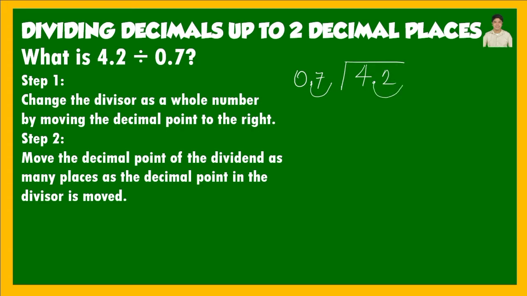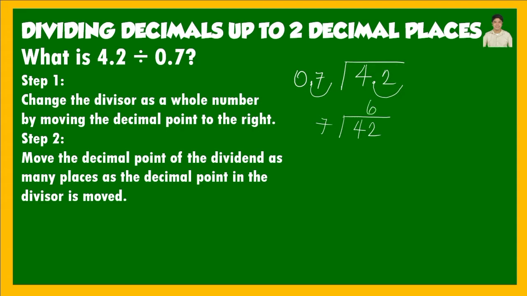So ibig sabihin ngayon, kung i-rewrite natin yan, magmumukhang 42 divided by 7 siya. So i-rewrite natin. Ayan. 42 now divided by 7 is 6.